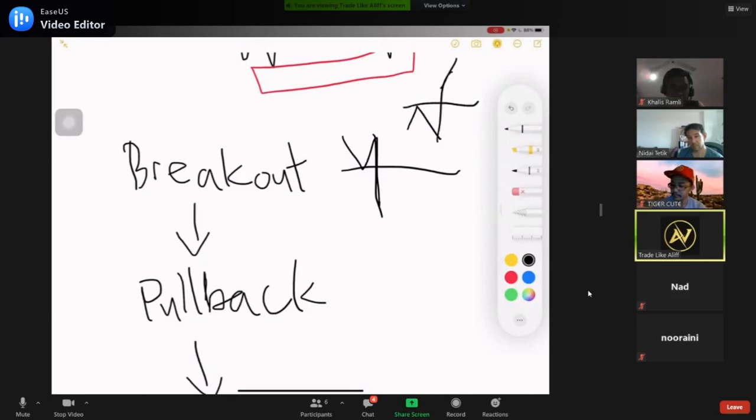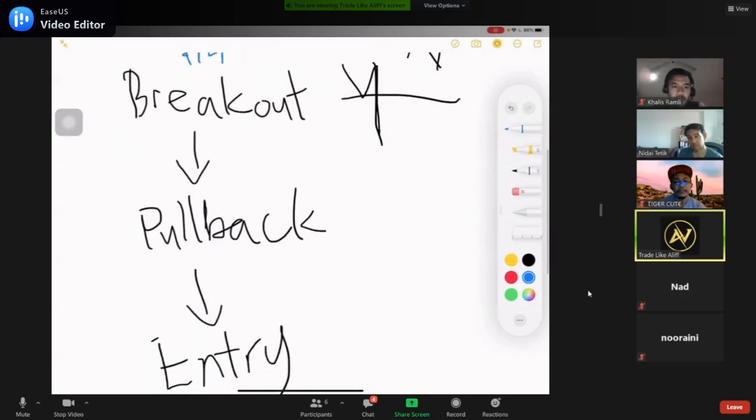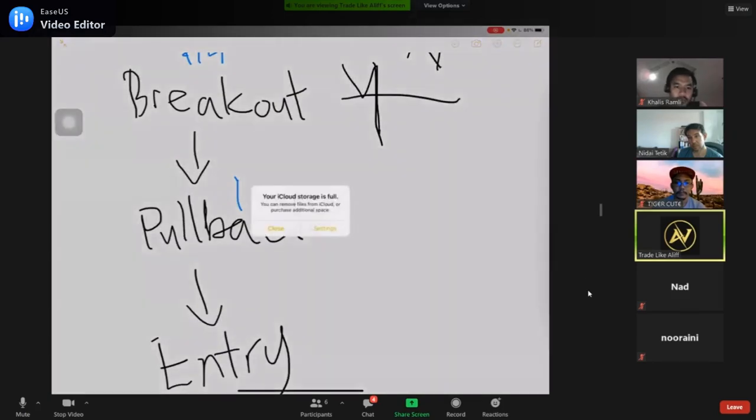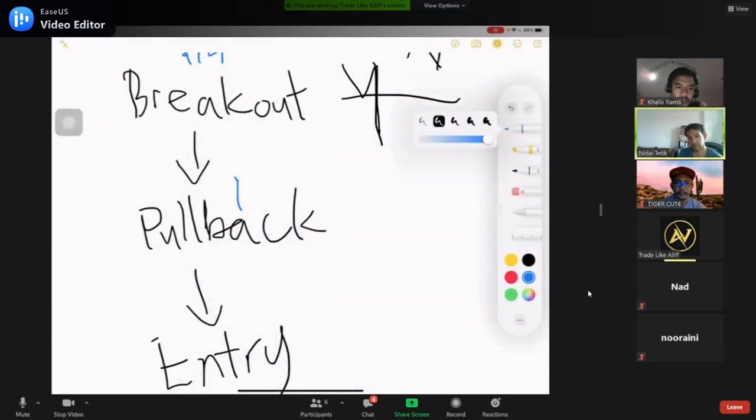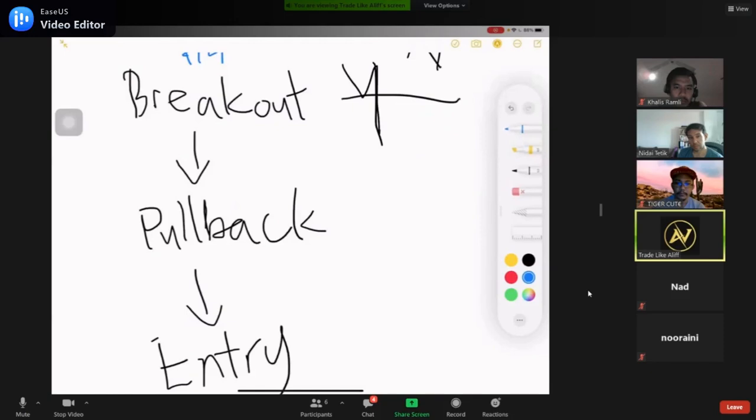Okay, that's a breakout. So, let's say there is a breakout on H4. We will wait for the pullback. When we are waiting for the pullback, we go to H1 to find our entry.